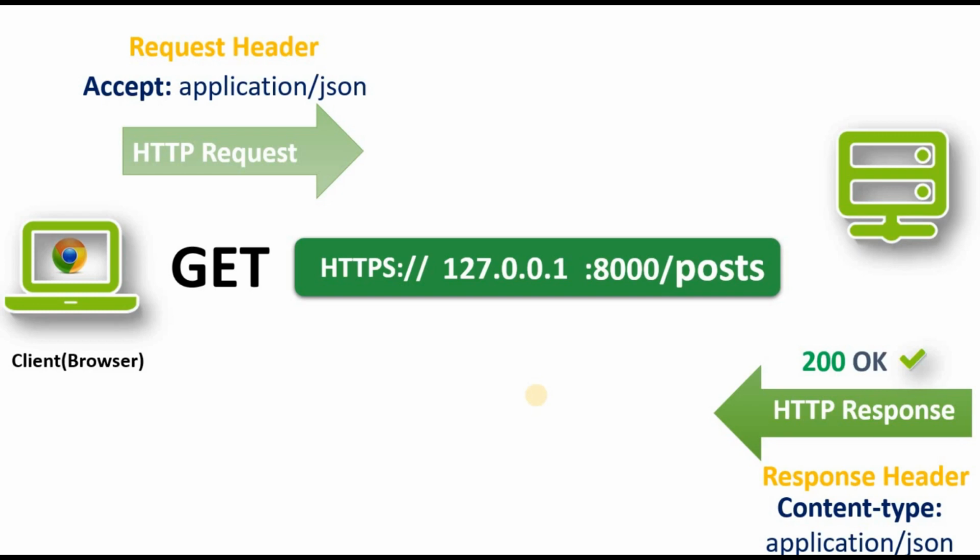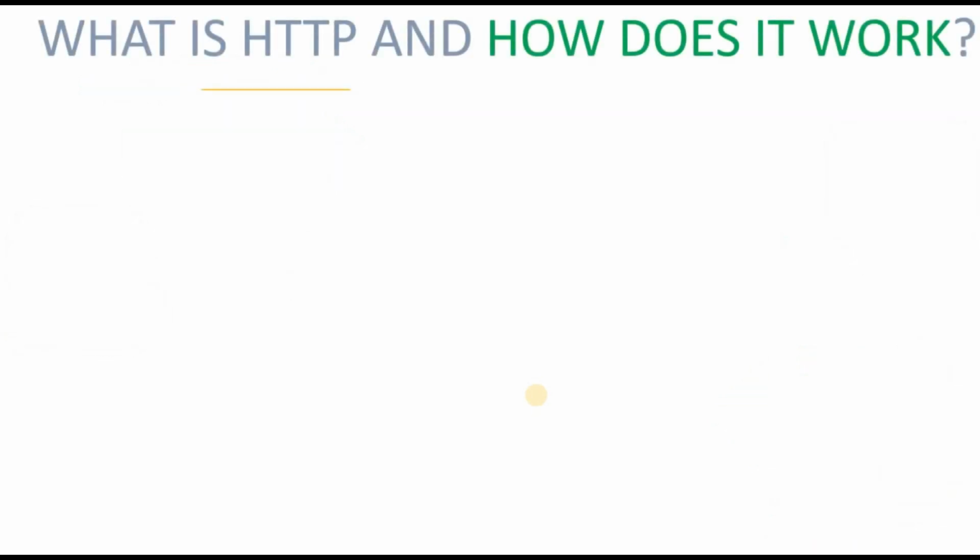If there is a requested resource, it will send you a 200. If not, it will send a different response code altogether. That's about it, and this is exactly what the HTTP protocol is and how it works.